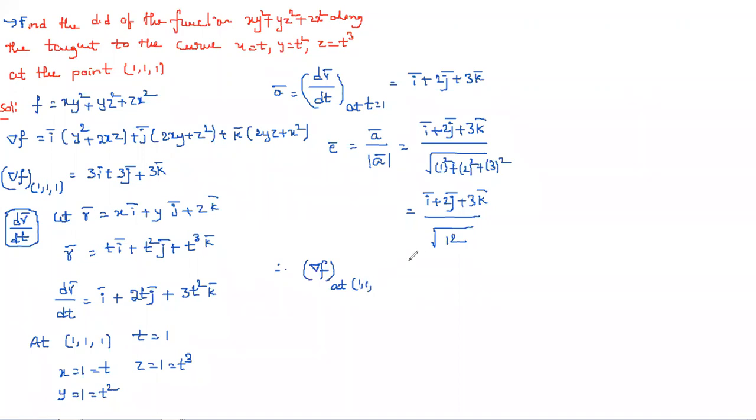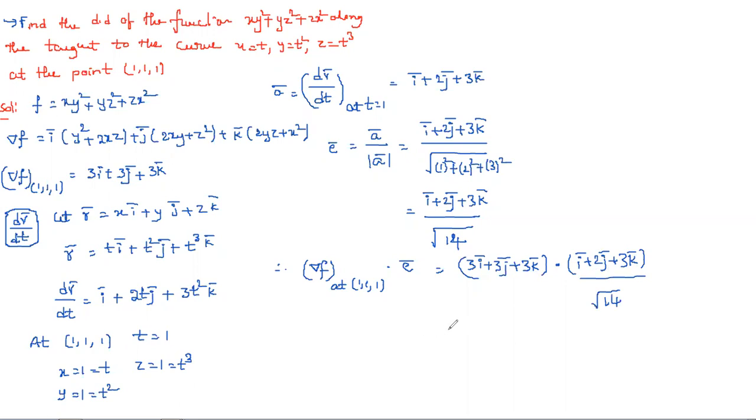Del f at 1, 1, 1 dot e bar. So here what we got is 3i plus 3j plus 3k dot e bar. So e bar is i plus 2j plus 3k by root 14.